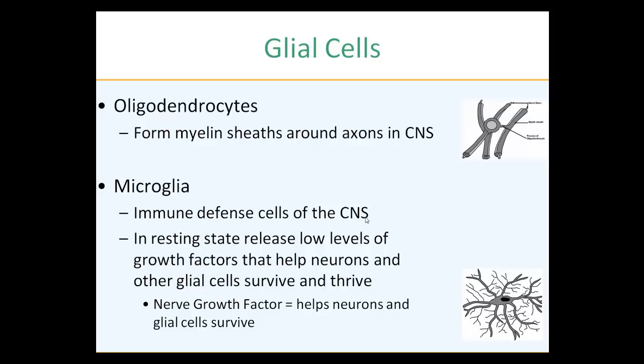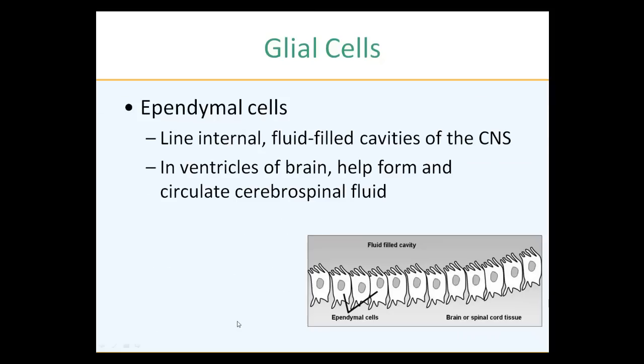The same cell you're born with is pretty much the same amount of cells you will be dying with. So you need to make sure that these cells have the longevity and they last forever. And so one of the functions they discovered for the microglia is to secrete that nerve growth factor.